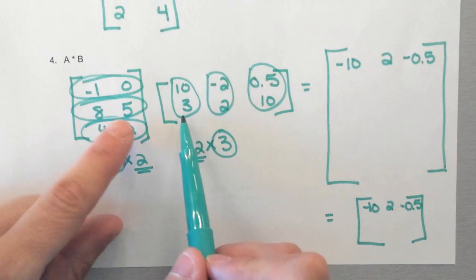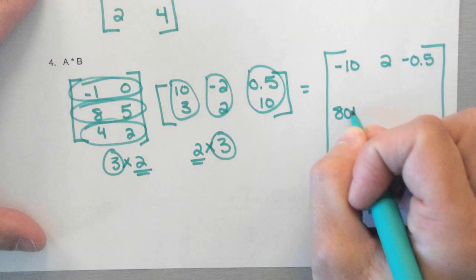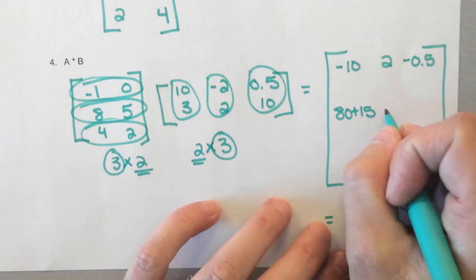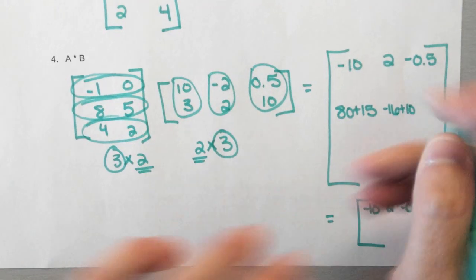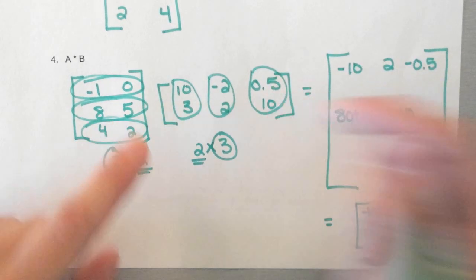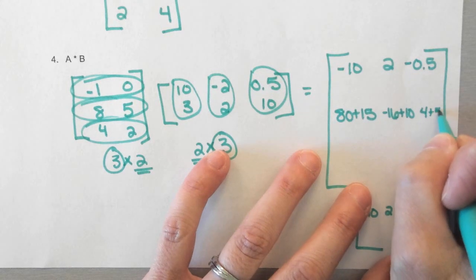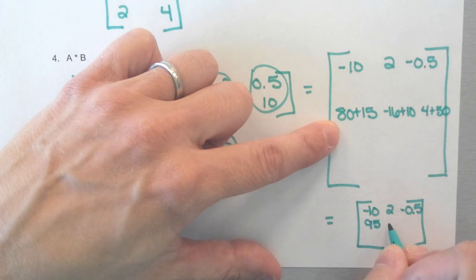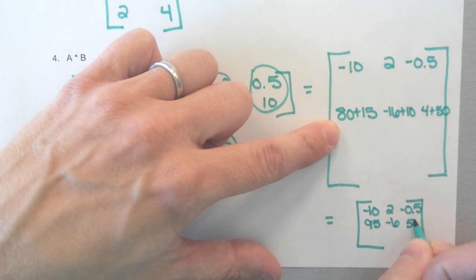So here I have 80 plus 15. Here I have -16 plus 10. Here I have 4 plus 50. And so for that row, I will get 95, -6, and 54.